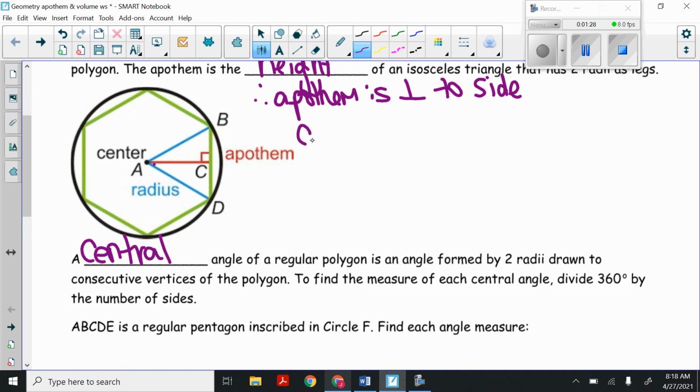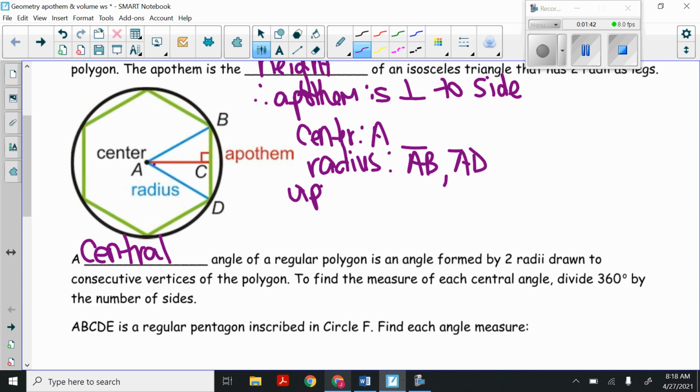So we're going to go back up here to this picture. We're going to identify everything we know. Our center, a circle, is A. Our radius, we have AB as well as AD. We have our apothem, which is AC. We have the isosceles triangle, BAD, where AC is the height of that.